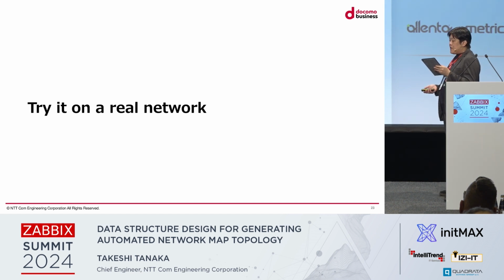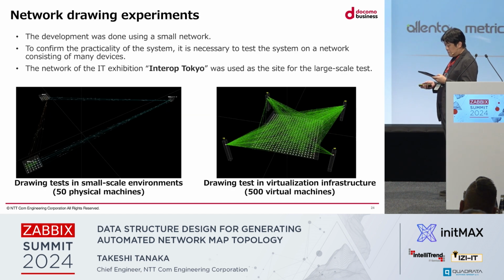Once the mechanism is in place, we will actually use it. During the development phase, we tested on a small network. We need a large-scale network to verify the practicality of the mechanism.